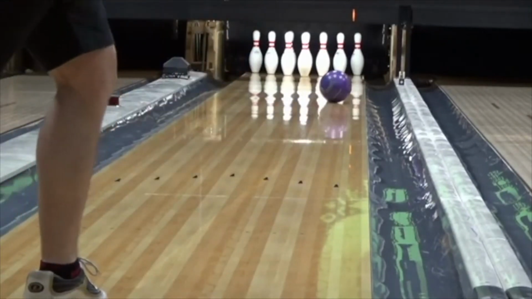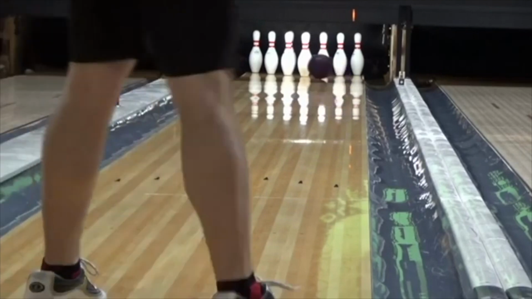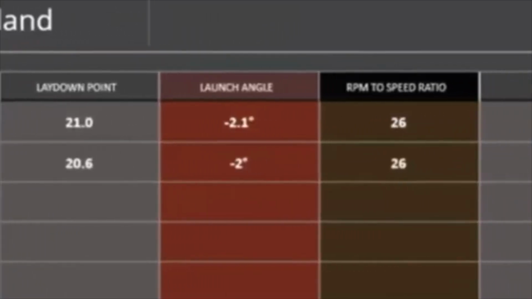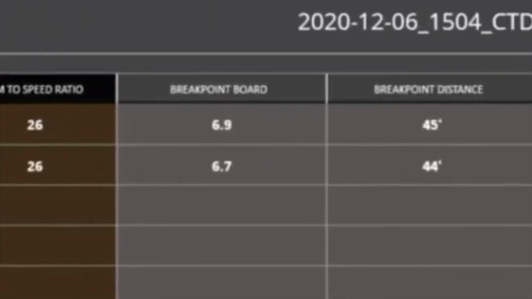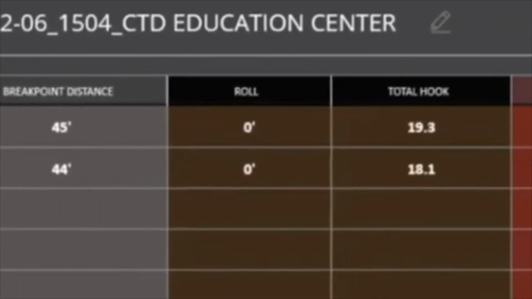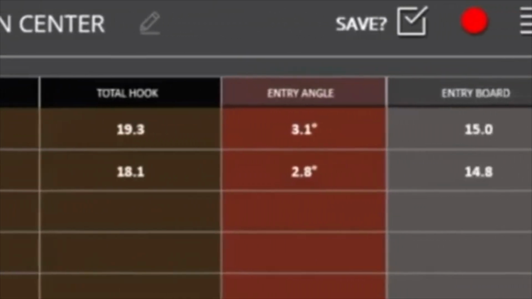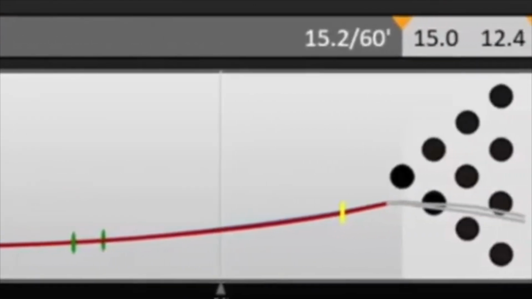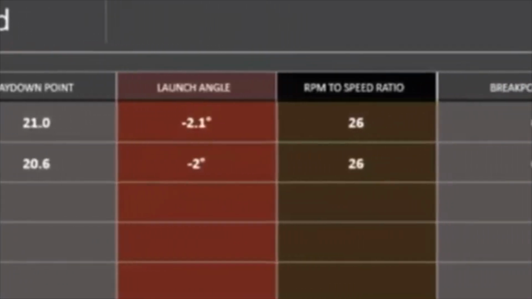So how much difference was there between the pin up and pin down bowling ball? The Specto data will be able to verify that, and let's take a look at that right now. You'll notice as we scroll through the Specto data that these shots were thrown almost exactly the same. You notice that we got 19.3 boards of hook out of the pin down bowling ball and 18.1 out of the pin up bowling ball.